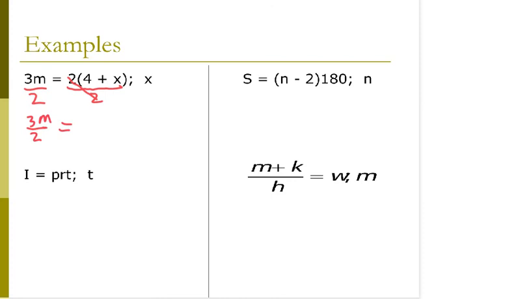To solve for x, this 4 has to go. So we're going to subtract 4 from both sides of our equation, and that leaves us with 3/2 m minus 4 equals x.